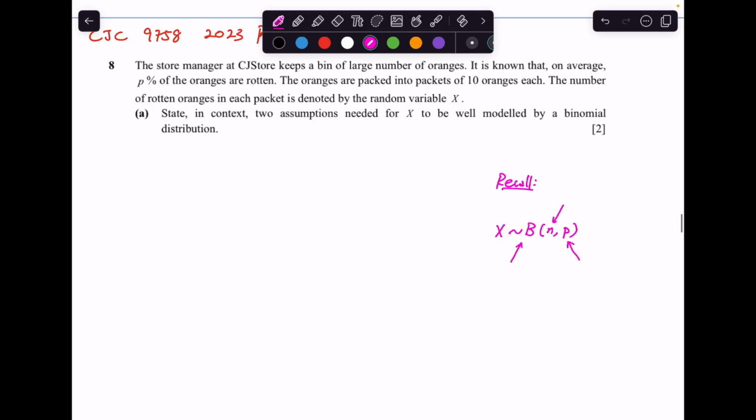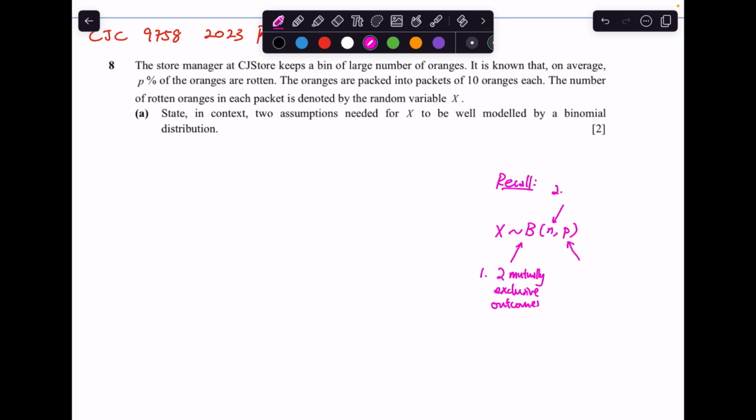Okay. B means binomial. And what does binomial mean? Bi means two. Binomial suggests that you have two outcomes. In fact, it should be two mutually exclusive outcomes. Okay, now next one, n. n talks about the number of trials, right?